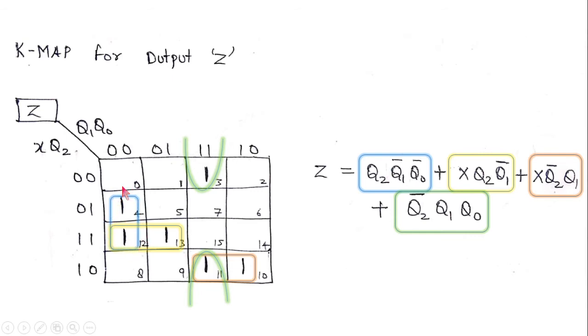We will make this pair, and this pair, and for this one, this and this pair. And we will write the expression correspondingly. Since there is only a pair, only one variable will be removed. If it is a quad, 2 variables will be removed. If it is an octet, 3 variables will be removed, as we saw previously.